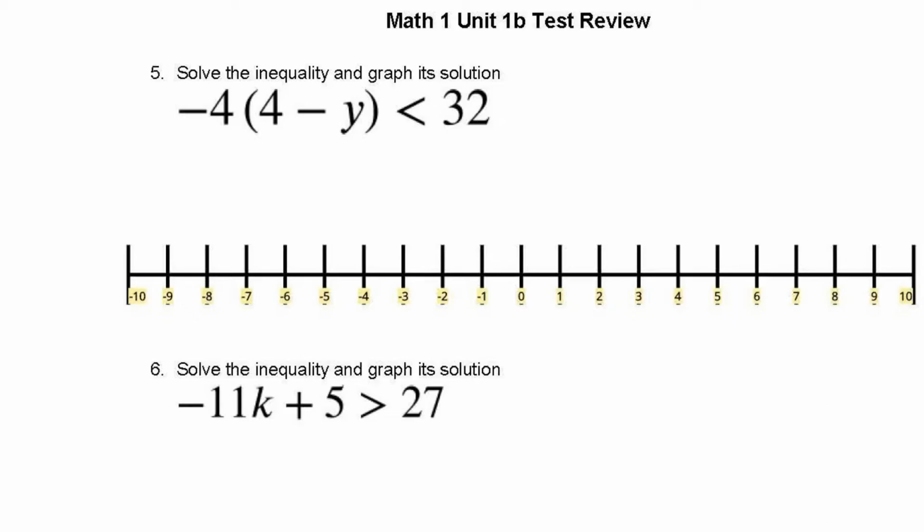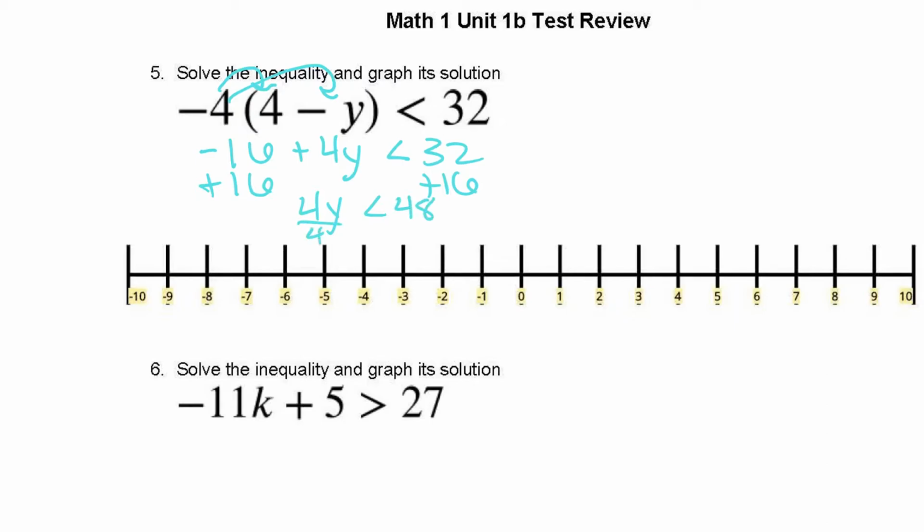Question number 5, we first have to distribute this negative 4 to everything inside the parentheses. So I get negative 16 plus 4y is less than 32. I'm now going to add 16 to both sides, and I'm left with 4y is less than 48. Divide each side by 4.